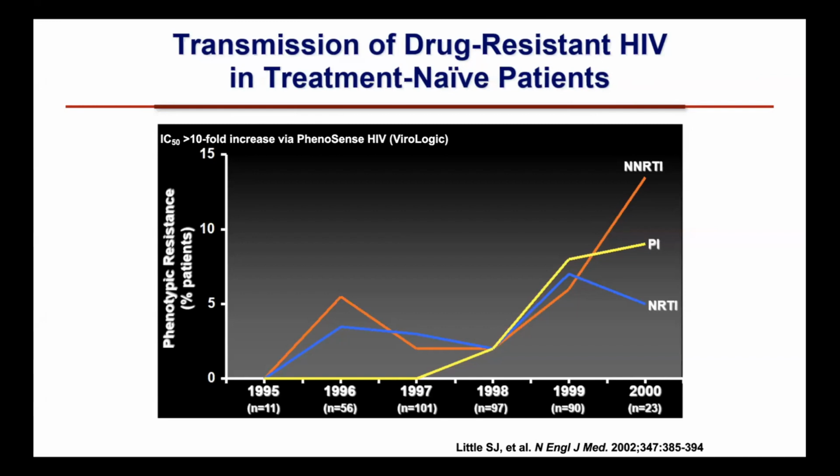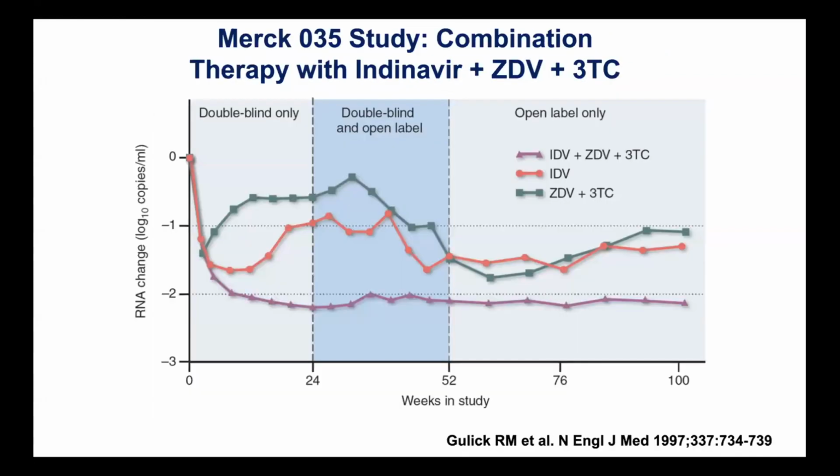And these were data accumulated in 10 North American cities. So you will hear more about how the selection for drug resistance and the transmission of drug resistance has dramatically changed over time from Dr. Toriani, from Dr. Ceccherini Silberstein.